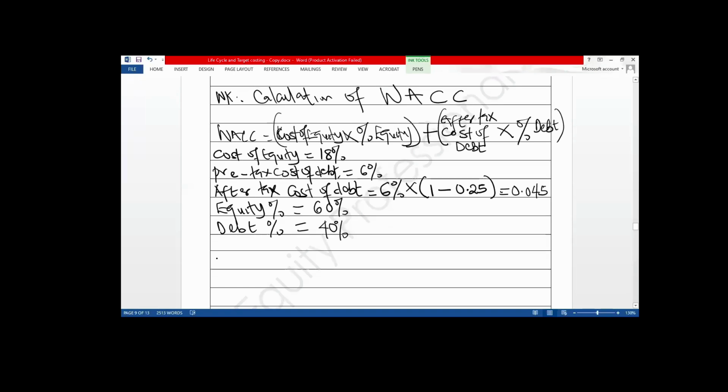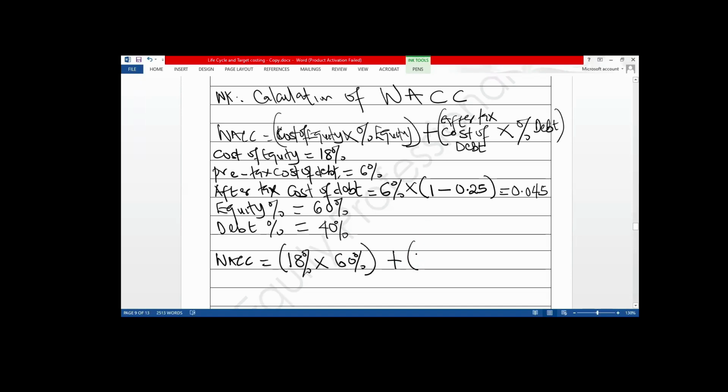Our WACC becomes: pick your cost of equity, 18%, multiplied by percentage of equity, 60%. Close this bracket. Plus, open another bracket.